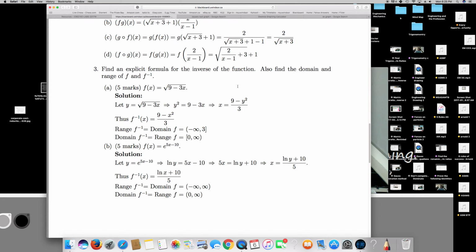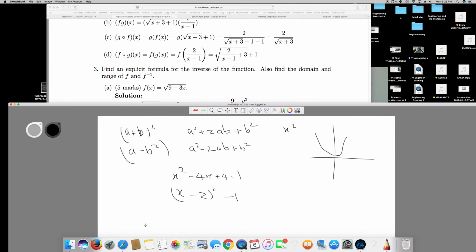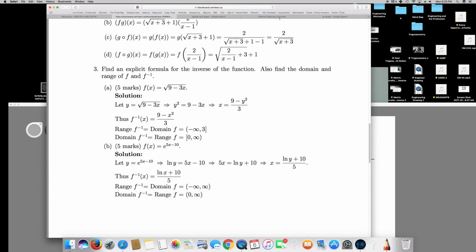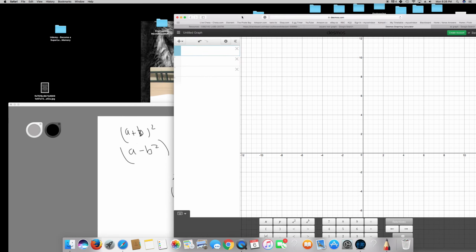So to find the domain and range, we have to know the graph. In this case, if you don't know what the graph looks like, I'm going to show you how to find the graph. This is a basic root of x graph. So I have a graphing calculator right here. If I show that, it will be easier for you to understand.